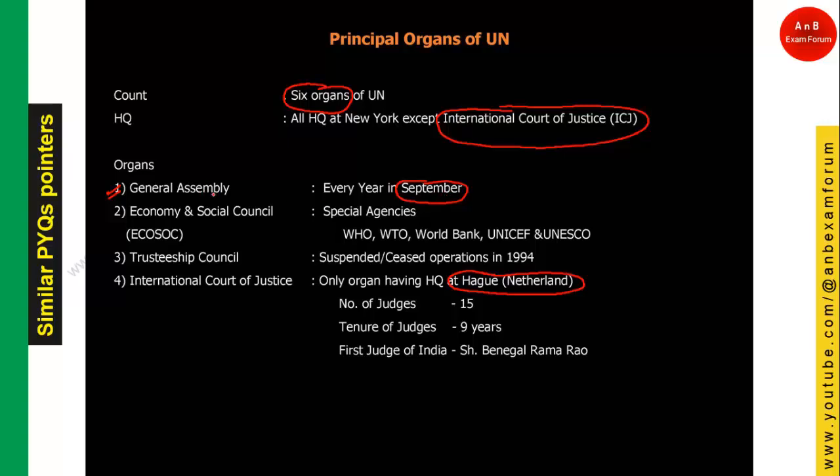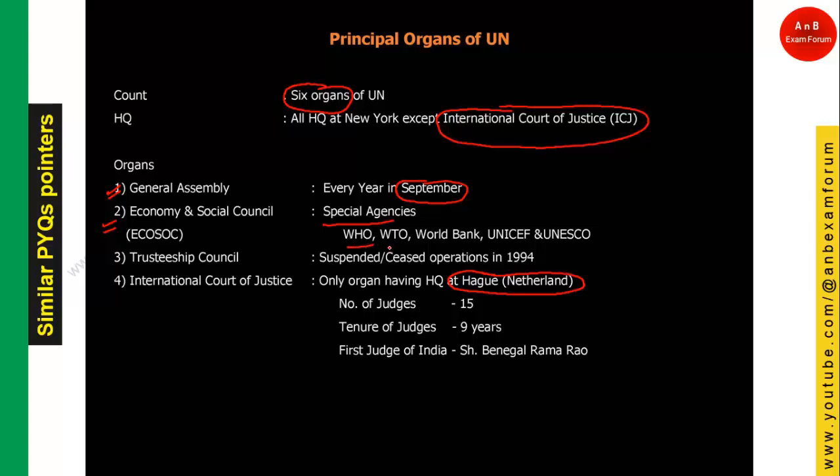After discussing in the General Assembly, they pass the resolution. The next one is the Economic and Social Council, known as ECOSOC. The terminology also suggests that it looks after the welfare of the member countries, because of which there are specialized agencies of ECOSOC.